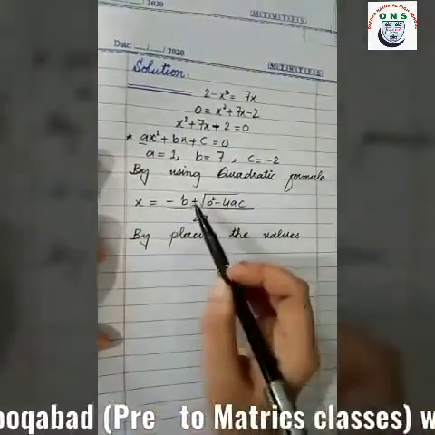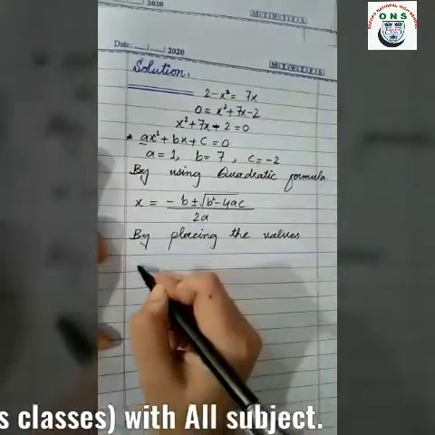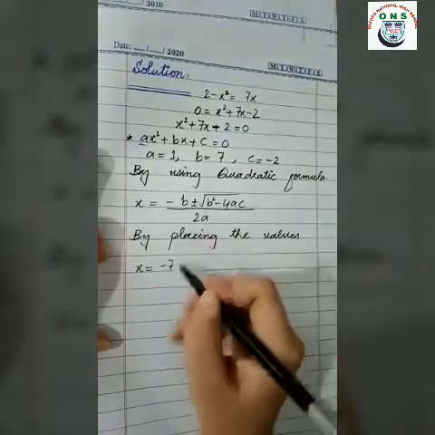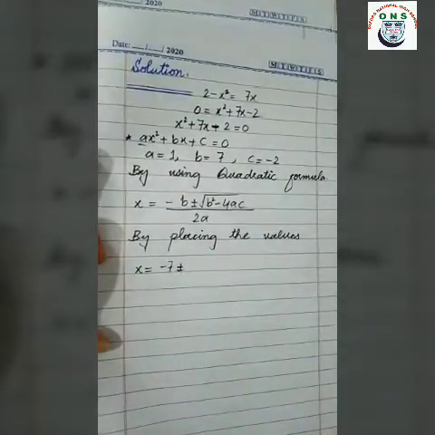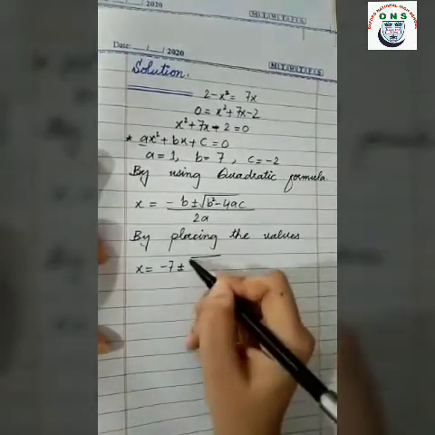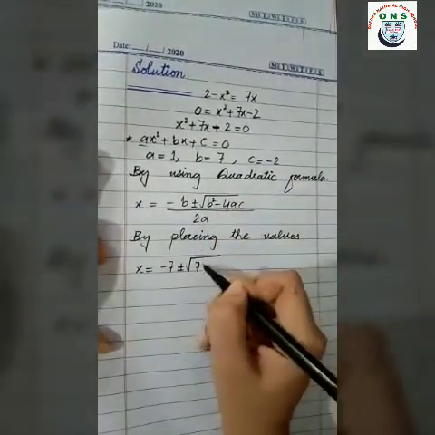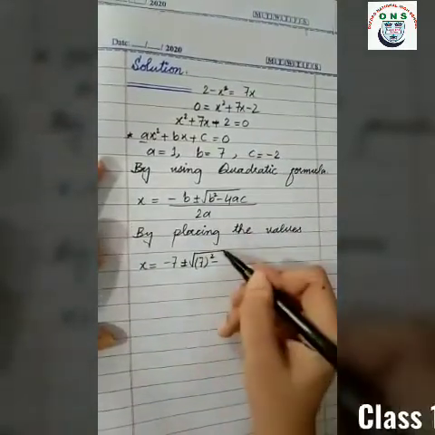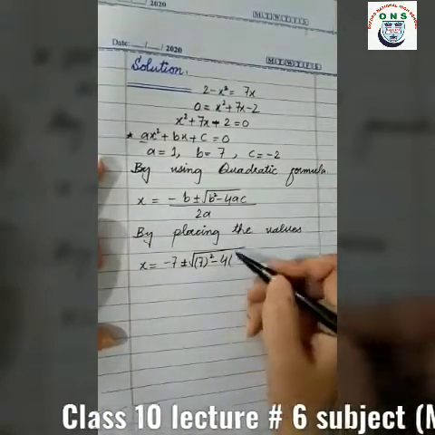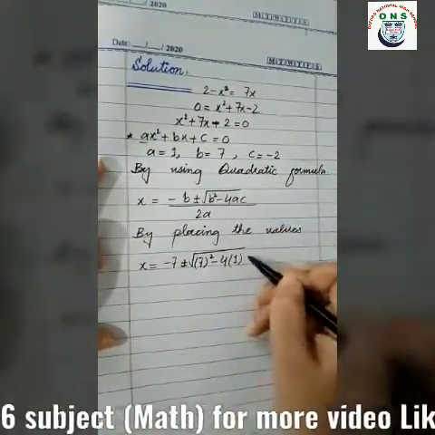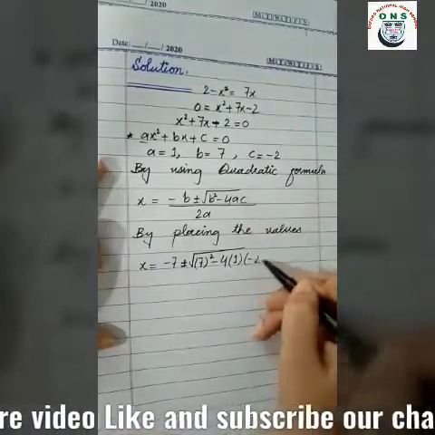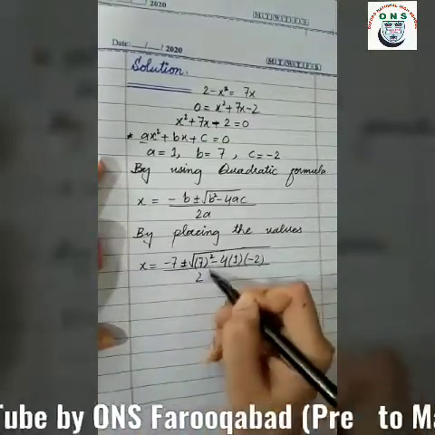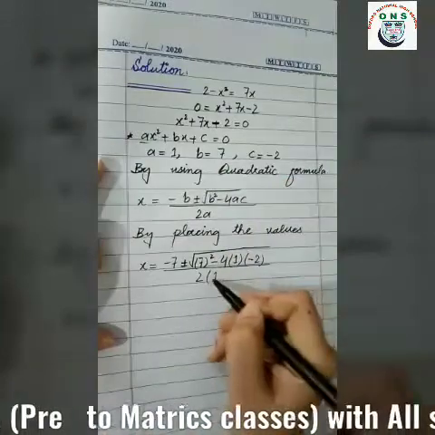Now we will place the values in the quadratic formula. x is equal to minus b, what is b here? b value is 7, plus minus square root of b square minus 4. What is the a value? It's 1. The c value is minus 2, by 2. The a value is 1.